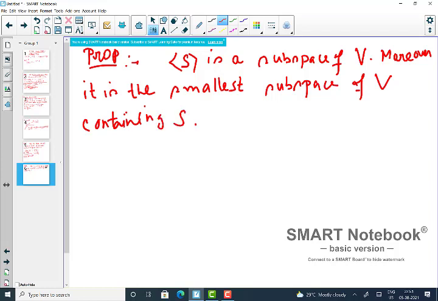If you have any other subspace that contains S, it also contains the span of S. This is a very important property: the span is not any general kind of set, it actually forms a subspace.